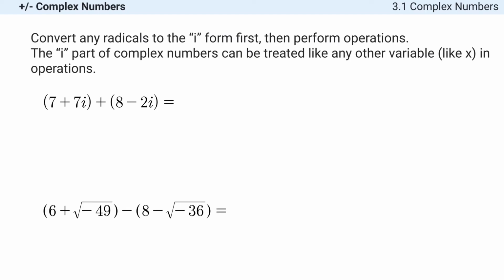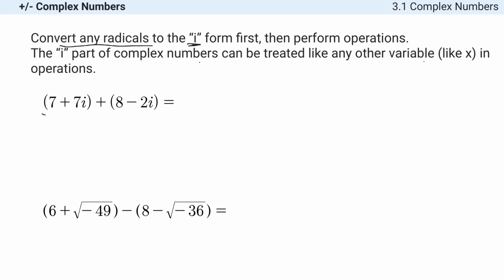Now let's do some adding and subtracting. So first thing to keep in mind, if you're doing any converting radicals, or if you're doing any operations, make sure you convert any radicals to the i form first. In this first question, they're already in i form, so I don't need to do anything. Then the i part of any complex number, you can treat it like any other variable, like an x.